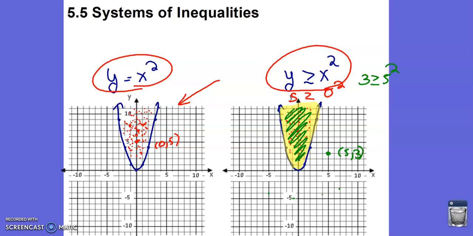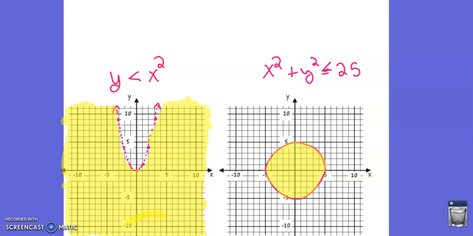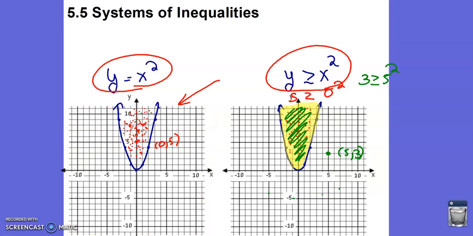All right, so let's look at a couple other scenarios. So here I have y is less than x squared. Notice it's still the same parabola. I also want to point out that it's just less than, so it's not a solid line. Now specifically, if you go back to here, because it's greater or equal to, a point on the line actually works.